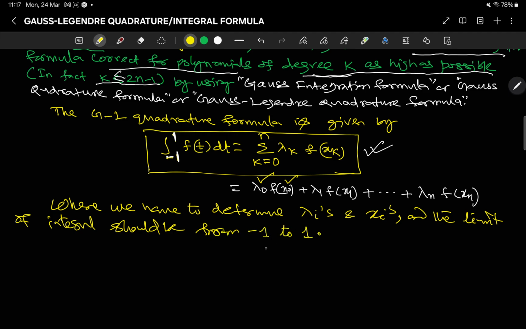So the limit of the integral is -1 to 1.